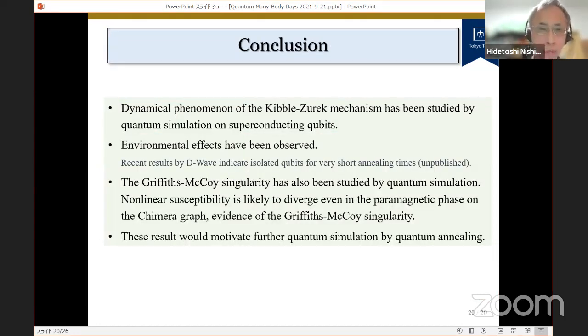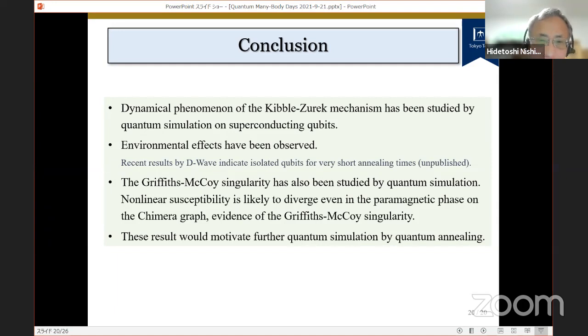So these are our contributions. To summarize, the dynamical phenomenon of the Kibble-Zurek mechanism has been studied by quantum simulation on superconducting chips. And we have observed environmental effects by looking at exponents. And recently, people from D-Wave carried out similar quantum simulations inspired by our work, and they carried out very short annealing time experiments.